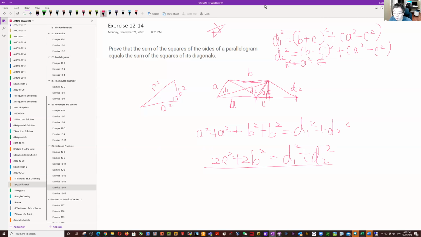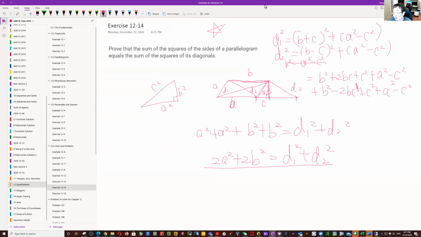So if you add them together, D1 square plus D2 square, actually B square on the top, as I'm trying to expand it, is going to be plus 2BC plus C square plus A square minus C square, and then plus B square minus 2BC plus C square, and plus A square minus C square.